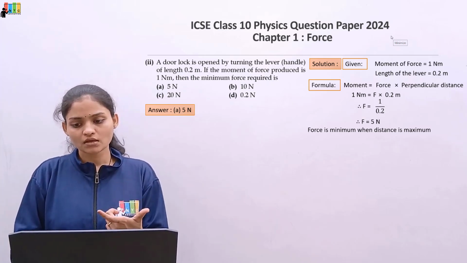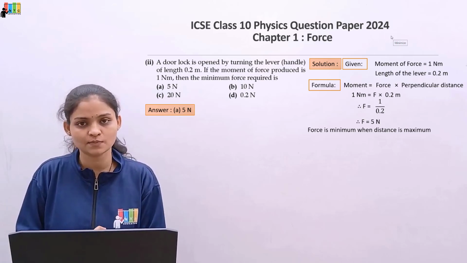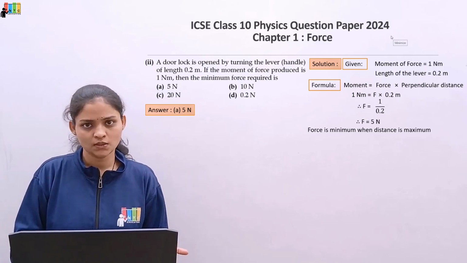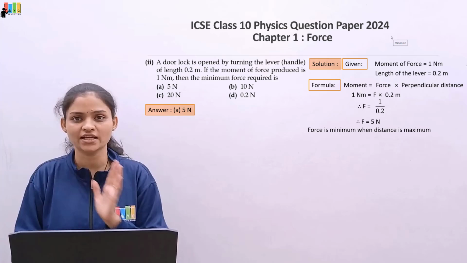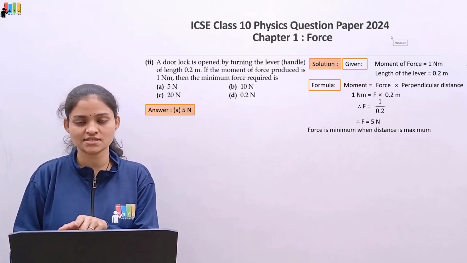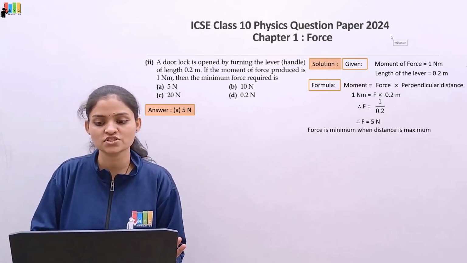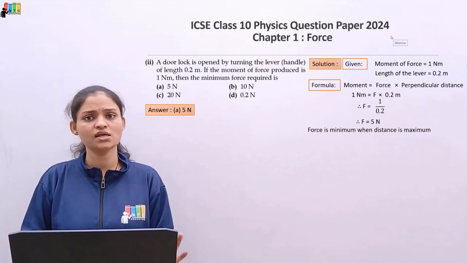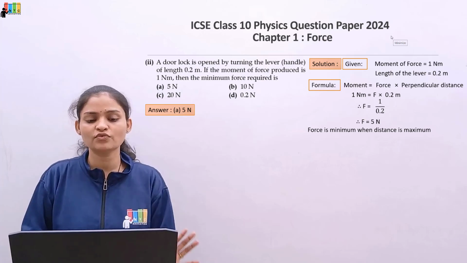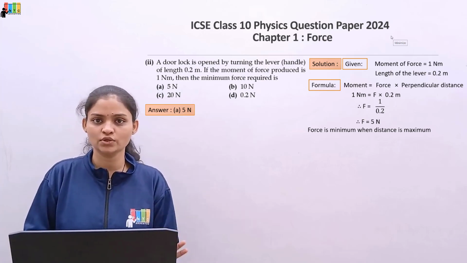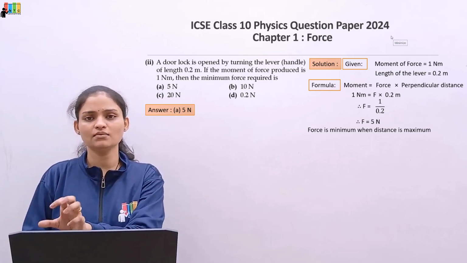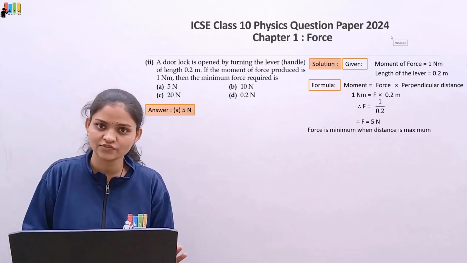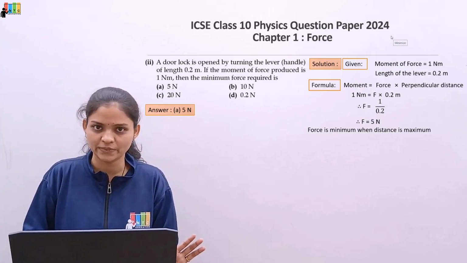So when the distance is maximum, the force will be minimum. Moment is directly proportional to the force and directly proportional to the perpendicular distance. So minimum force required is 5 Newton. We are taking the maximum distance that is already given, which is 0.2 meter.